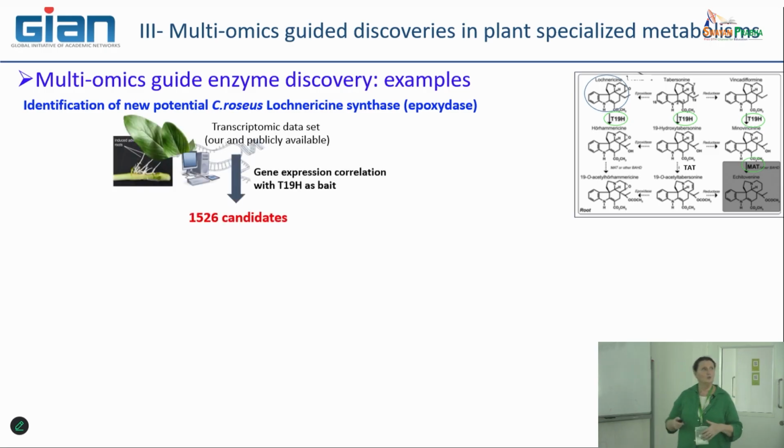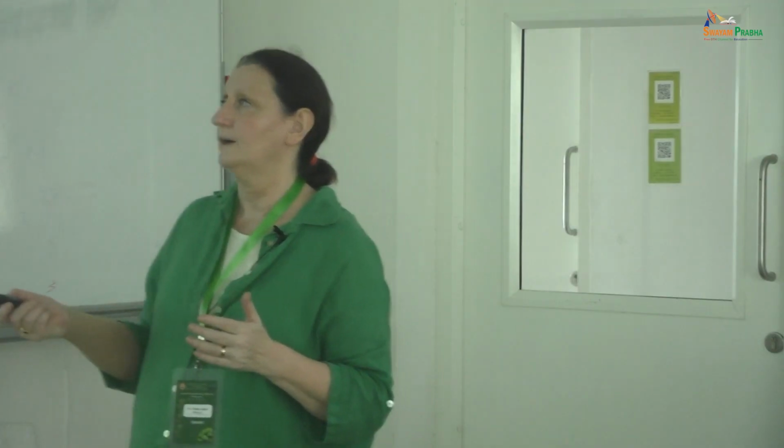So we have generated new transcriptomic data of our material, but we have also included in this study some other transcriptomic data that come from other types of Apocynaceae plants that are able to produce also lochnericine or some metabolites that are close to lochnericine. The aim was to have the maximum of candidates because epoxidases are less represented as a family of enzymes in the genome than, for example, other types of enzymes.